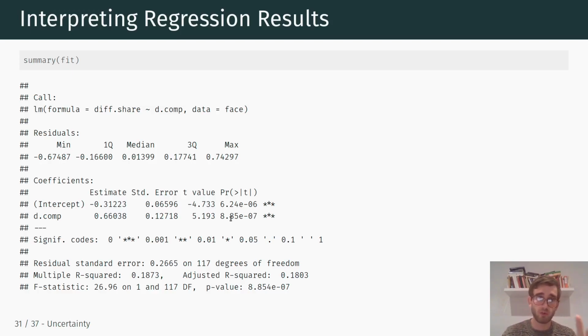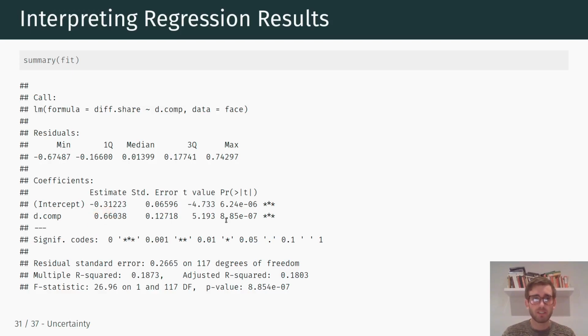much smaller than 0.001. And so that's why we have 3 stars here, because the significance level is smaller than 0.001. So in other words, under the null hypothesis that in the population this parameter was equal to 0, it is extremely unlikely that in our individual sample we would observe a slope coefficient of 0.66 given our sample size, right?